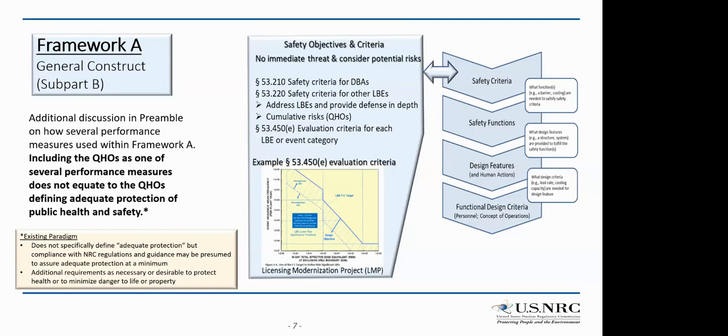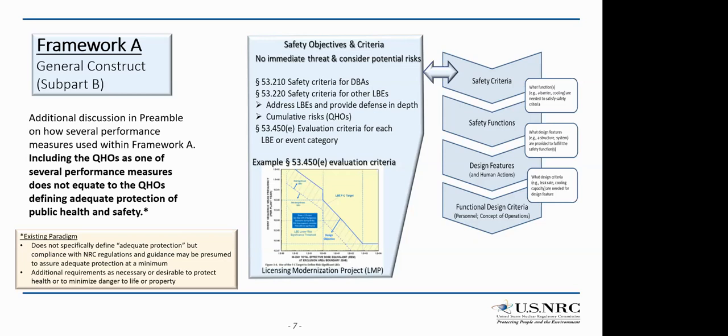But over the years, the Atomic Energy Commission and the Nuclear Regulatory Commission has not specifically defined what that means, other than to say for the operating fleet, the evolution of requirements from the 1960s up to present day, when looked in total, can be presumed to provide adequate protection of public health and safety.